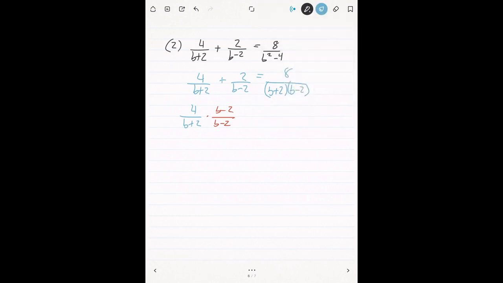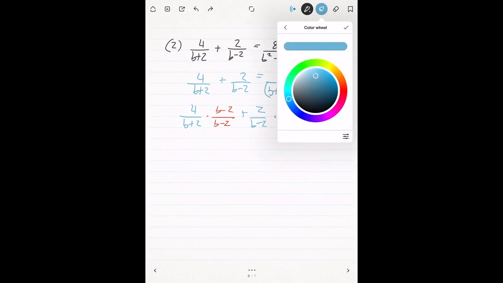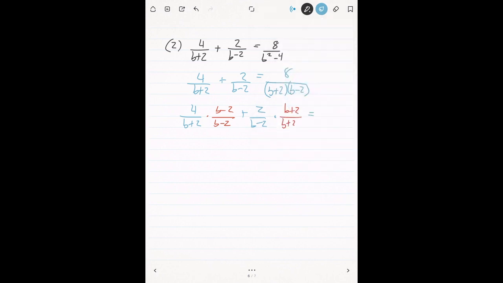Then we're going to add on 2 over b minus 2, and we're going to multiply this one by the other denominator of b plus 2. Notice that these denominators are the same as these, so I don't need to change anything. And we will have this equal to b plus 2, b minus 2, all underneath 8.